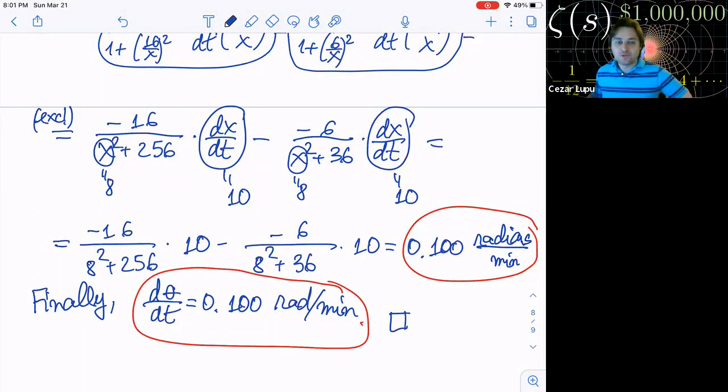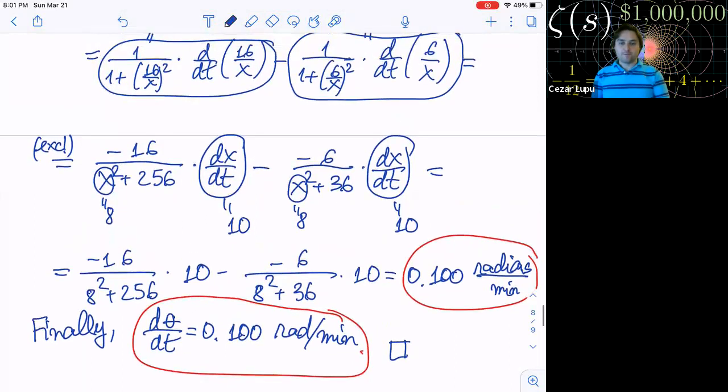How would you rate this problem? Is it a difficult one? Was it difficult? Very difficult, correct? Well, the last problem will be difficult.